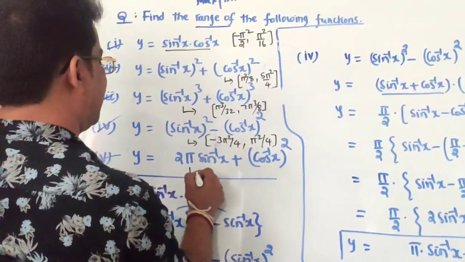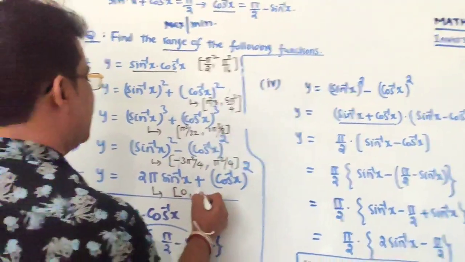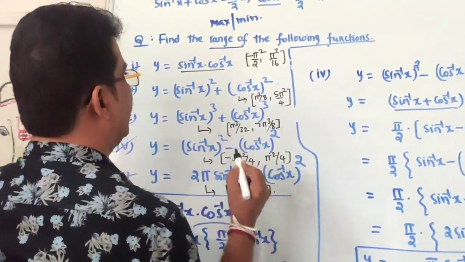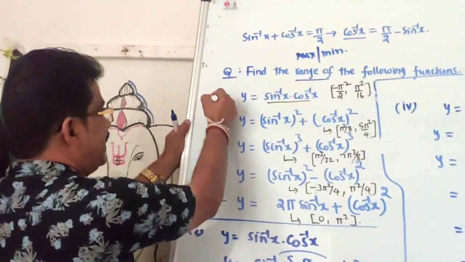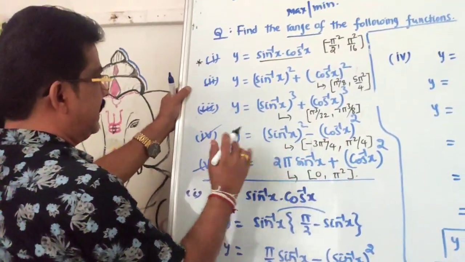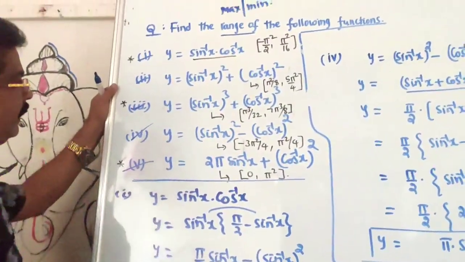Next, for this question, the closed interval 0 comma pi square. So out of these 5, first, this is the basic for all questions. Next it will be important. Next, this one is also important.